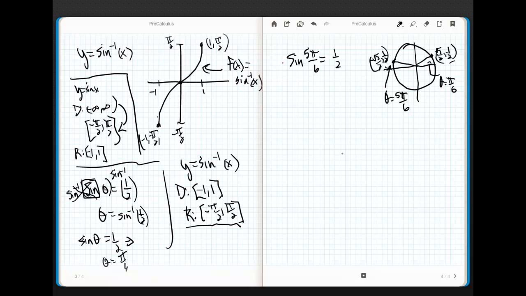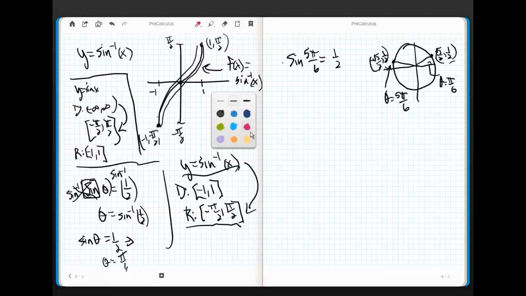You're absolutely correct. But the arc sine can't spit out that value because it only has the ability to spit out values between negative pi/2 and pi/2. This function can only spit out values between negative pi/2 and pi/2. And watch, if I'm saying the arc sine of 1/2, that means I'm going over here to 1/2, and I go up to my function right here, and I stumble over here, and guess what? That's pi/6.